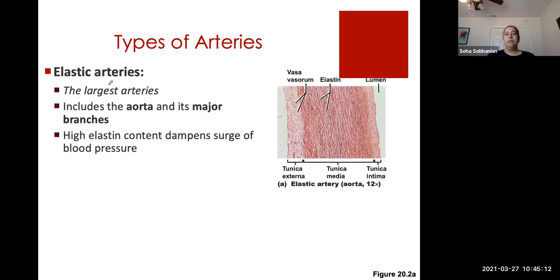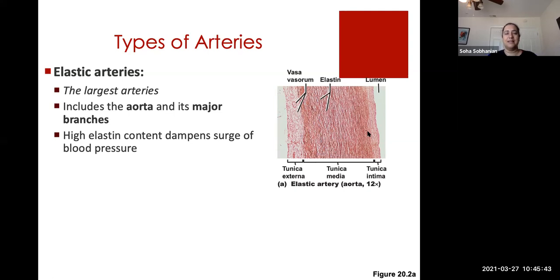So if we look at the arteries, and again, arteries are the ones that are going to take blood away from the heart, we have these really large arteries, guys, that are significantly elastic. And I want you to understand, when we use the word elastic, elastic is recoiling ability, not how much they stretch.